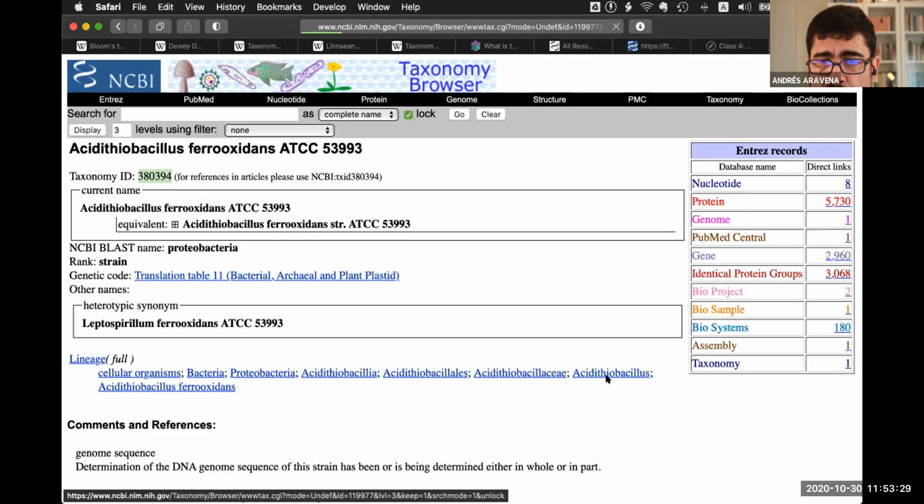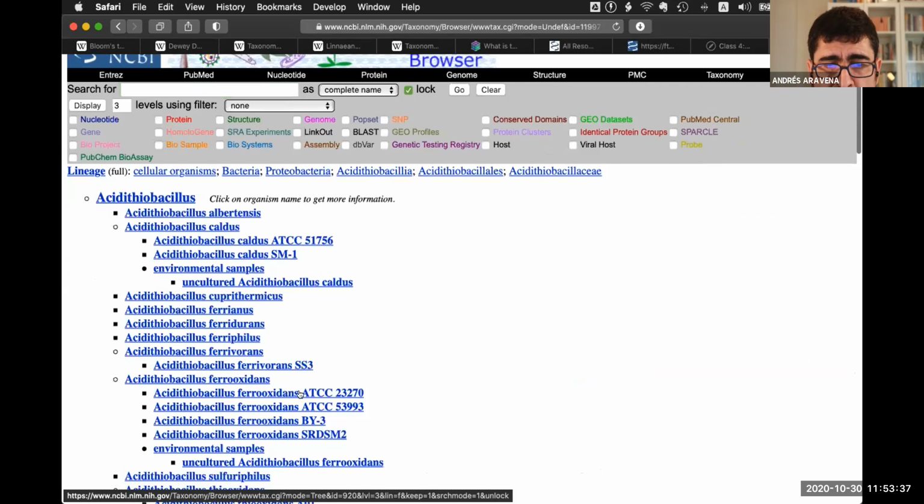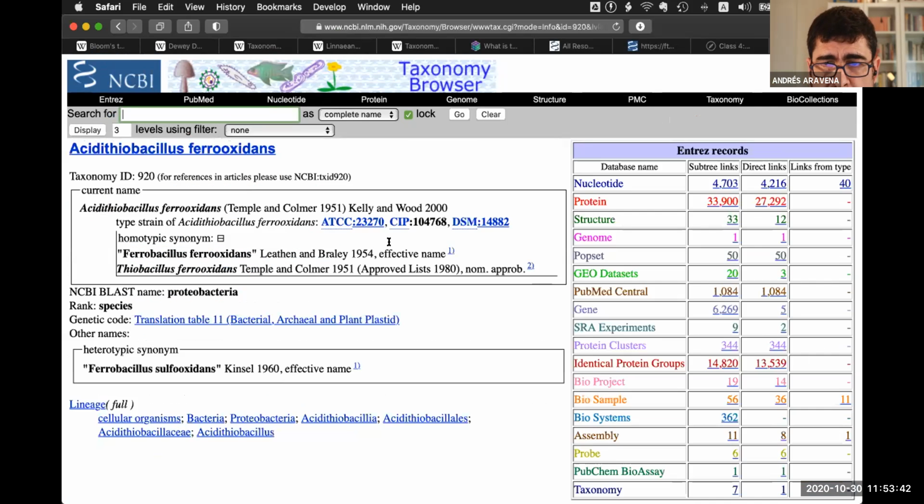Now, normally I will work here at the level of the genus. Or if you get a species, you get all the strains of the species. So please look that here we have two sets of data.